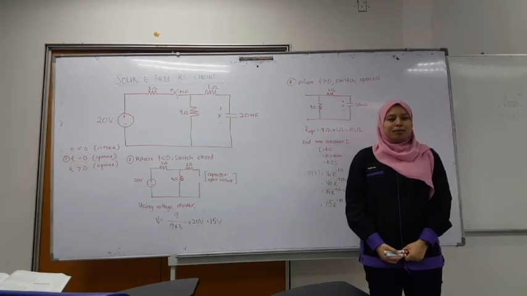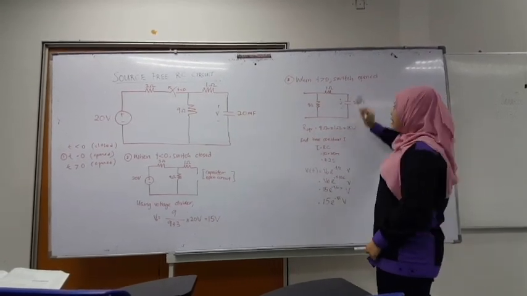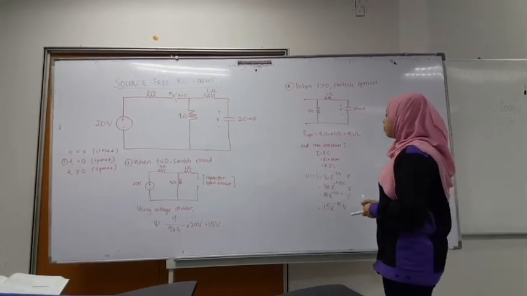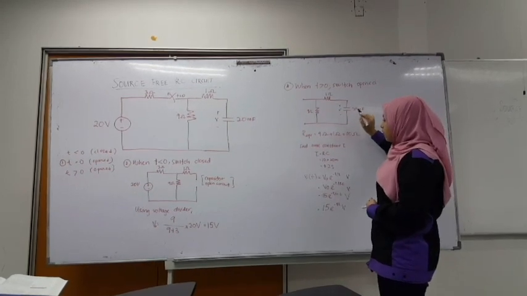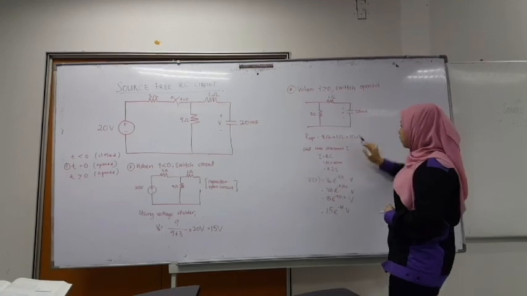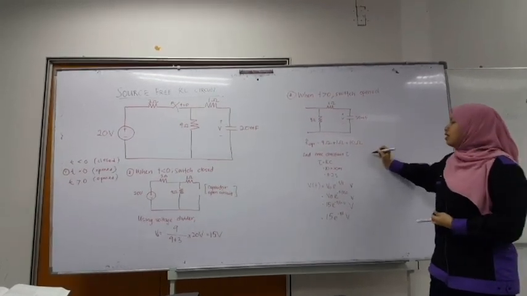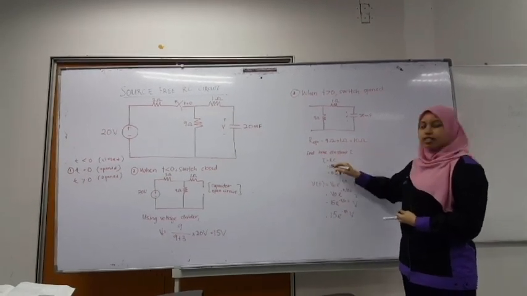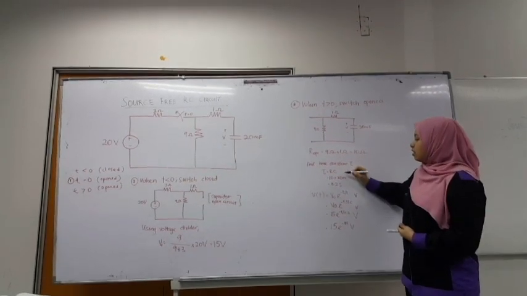Hello, my name is Nora Akila. I will explain when t is more than 0. When t is more than 0, the switch is open. So we have to find the equivalent resistance, which means 9 plus 1 ohm, and we get 10 ohm. Then we have to find the time constant, known as tau. Tau is equal to resistance times capacitance.